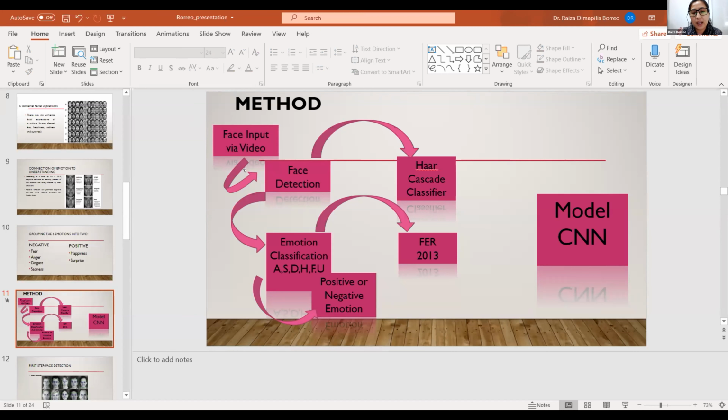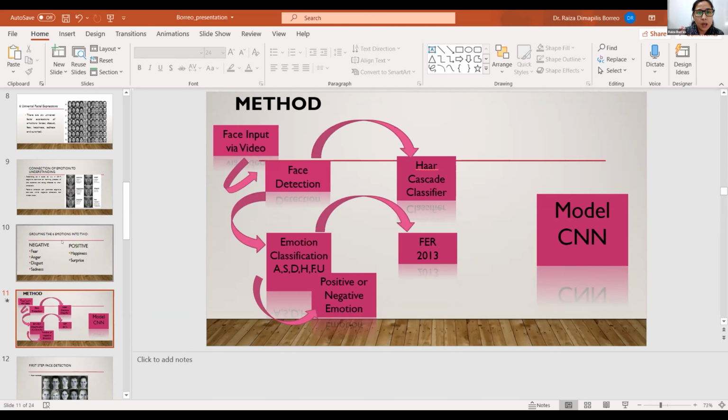Next, the machine algorithm will detect if there's a face. If there's a face, then it will be classified according to the 6 universal emotions, and it will be clustered as either a positive or a negative emotion. Conveying all of this, we created a model which is based on a convolutional neural network.